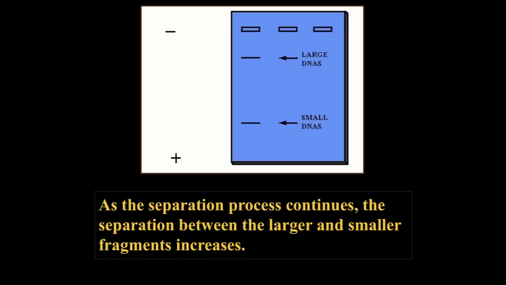And sometimes this is advantageous because if you run the gel very slowly, you will increase the resolution of the separation. So as the process continues, the separation between fragments increases.